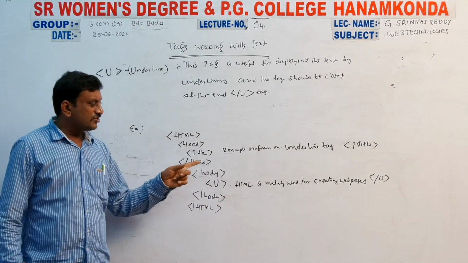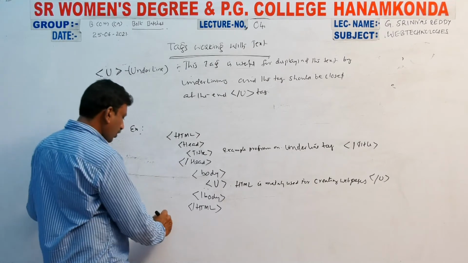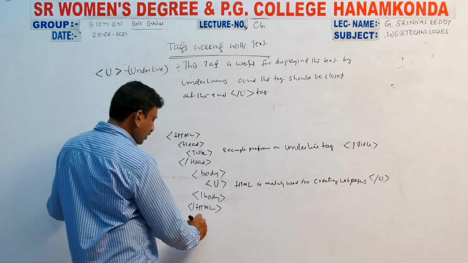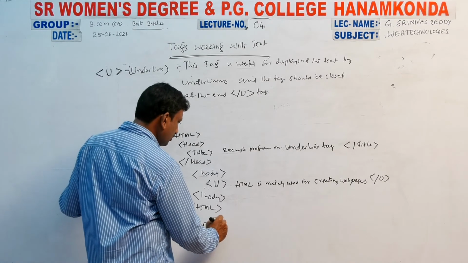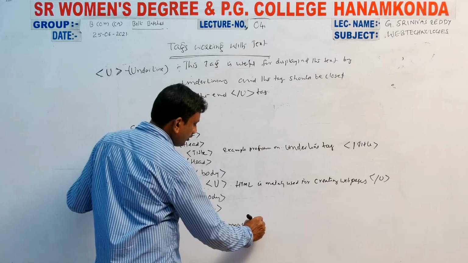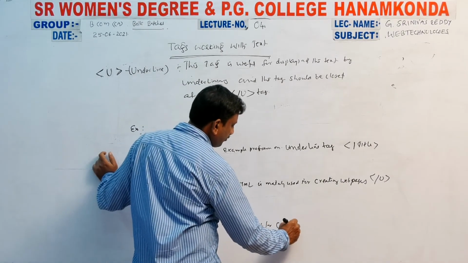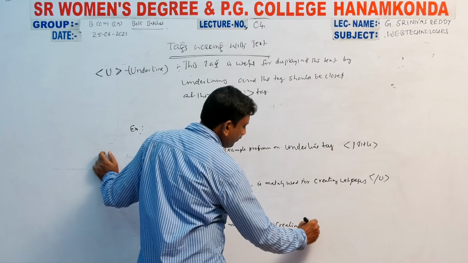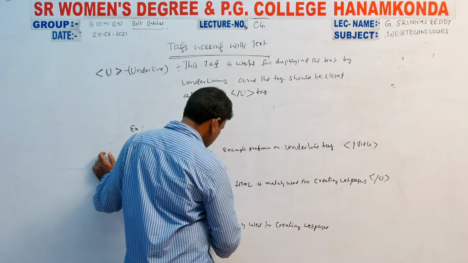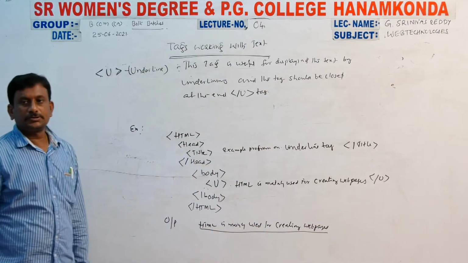HTML is mainly used for creating web pages. The output is how it is displayed: HTML is mainly used for creating web pages. Underline output.